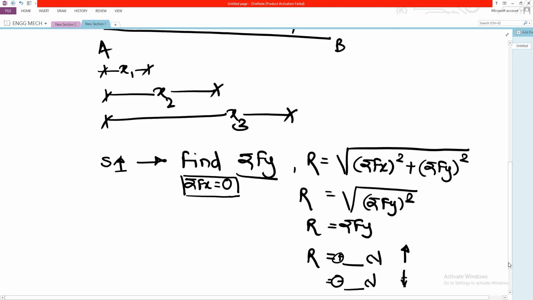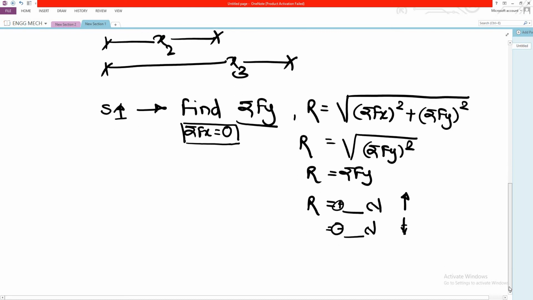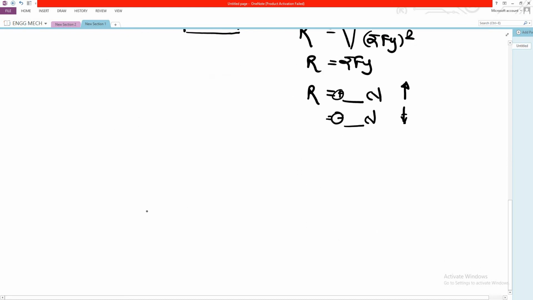Okay, this is over. Then let's move to step number 2. Step number 2 is determination of summation of moment with respect to the given point. Here in our case the given point is A. Therefore when we are calculating summation of moment of forces with respect to point A, what we have to do?